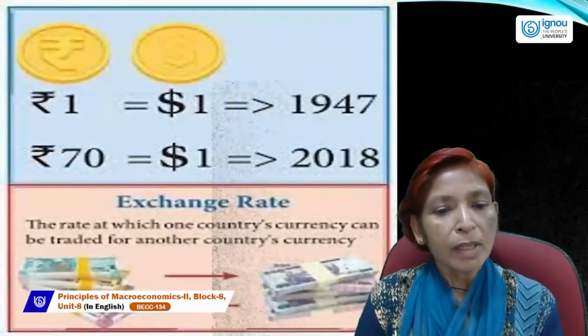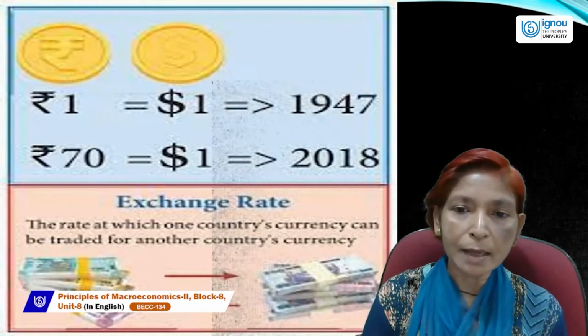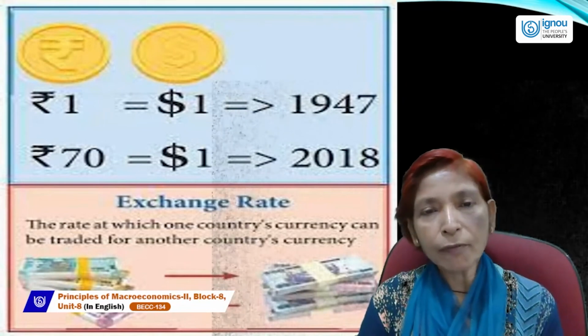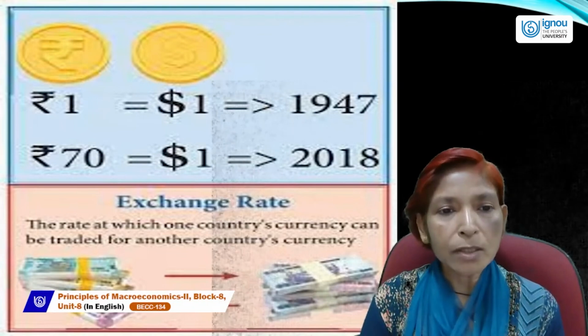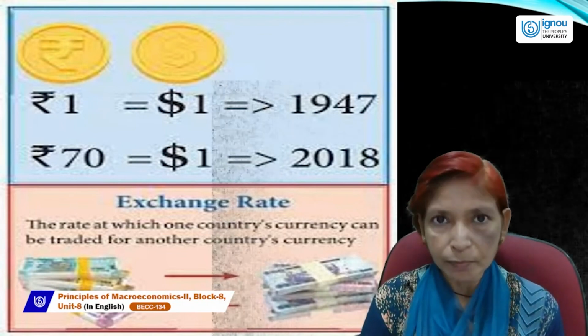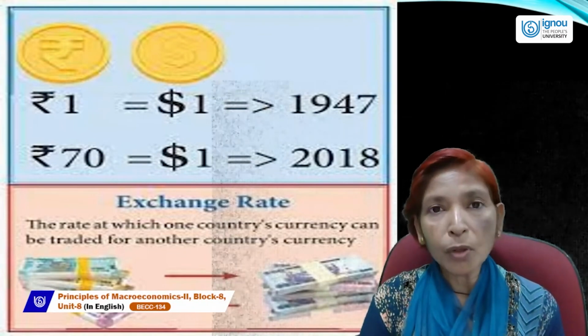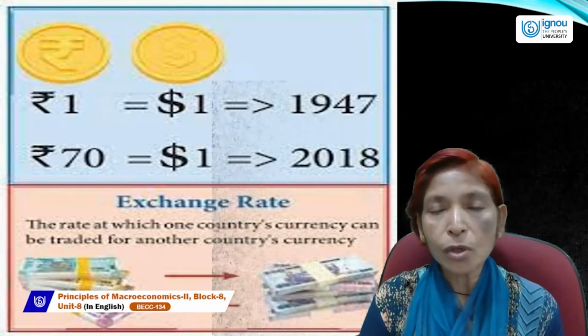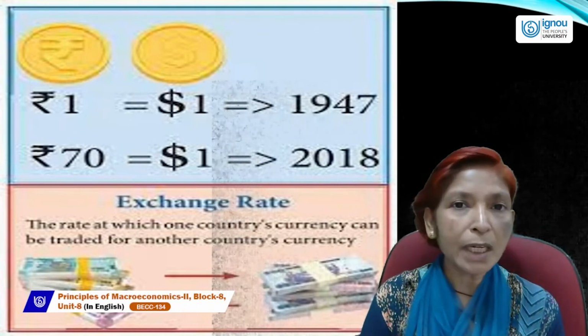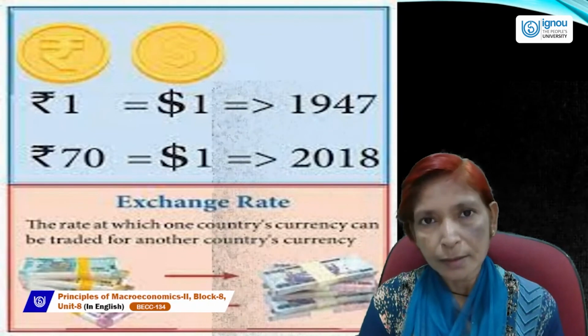Next is an exchange rate example. In 1947, 1 rupee was equivalent to $1. It means both values were at par. There was no difference between the rupee and the dollar.